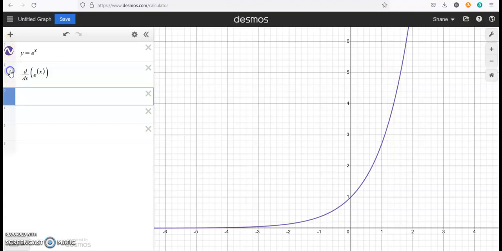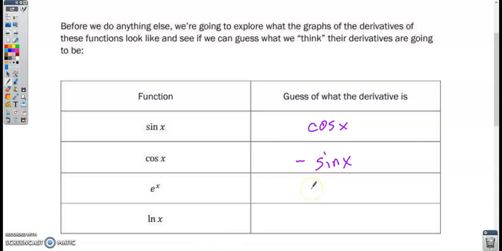Oh, I made both of those graphs purple. Let's make this one red. Oh, wait a second. If I turn that off, if I turn it back on, looks like it's the exact same graph. Looks like the derivative of e to the x is just e to the x. How about that? So I'm going to fill that in.